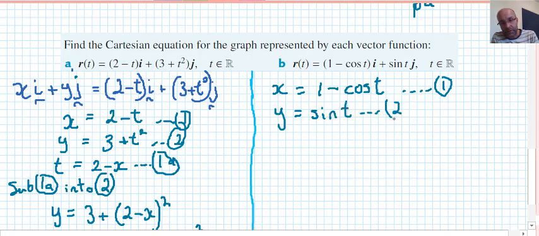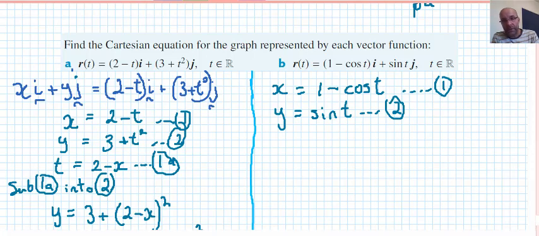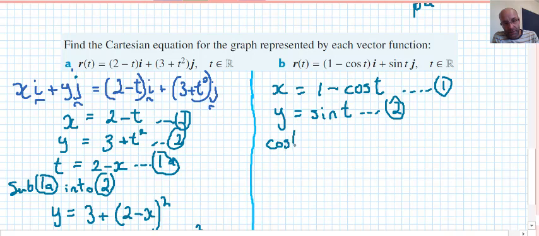Now this one's different. We have some trig valued functions there. Like last time, I'm going to rearrange equation 1 in terms of cos t. So we have cos t equals 1 minus x, equation 1a, modified equation 1.